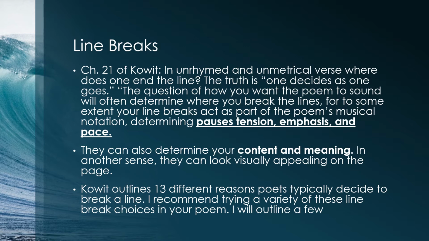They choose to break the line for a certain reason, or maybe they have an instinct about where to break the line. So how do you decide to break a line? Good poets are constantly making decisions about every aspect, about every word, about every way the poem is formatted as they write it. And they definitely make decisions about where to break the line.